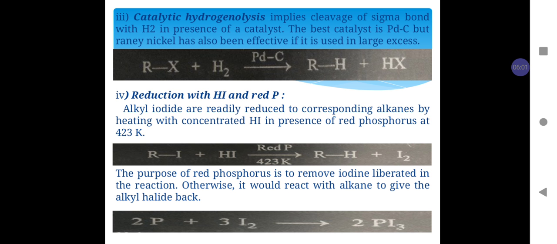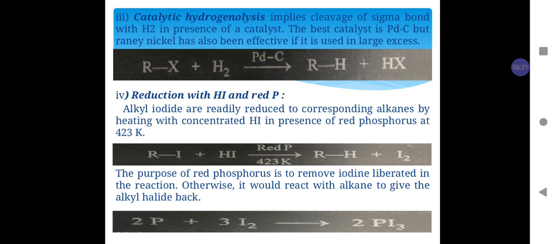Next method of reduction is reduction with HI and red phosphorus. Alkyl iodide react with concentrated HI solution in presence of red phosphorus at 423 Kelvin to form alkane plus I2.